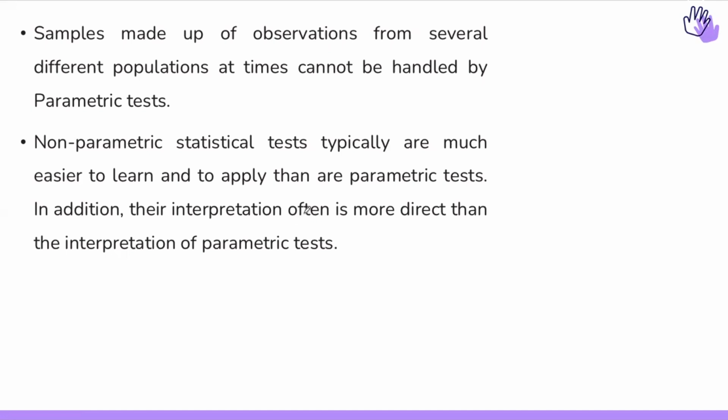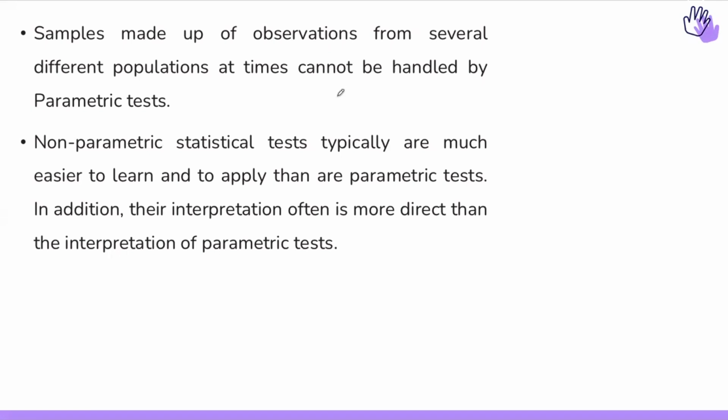So these tests are more useful for data which is in the form of ranks. For example, in studying a variable such as anxiety, we may be able to state that subject A is more anxious than subject B without knowing at all how much more anxious A is.